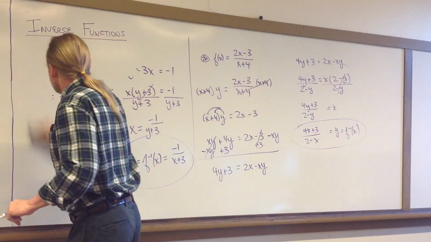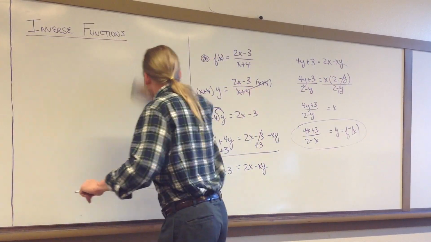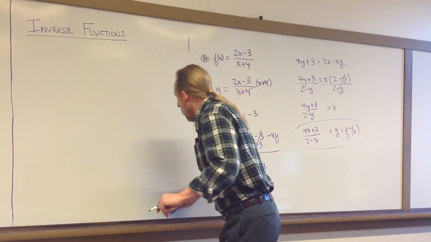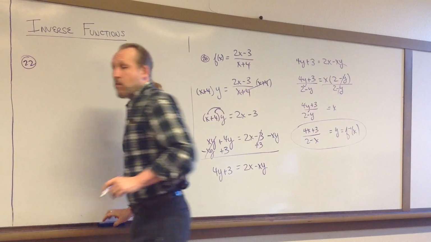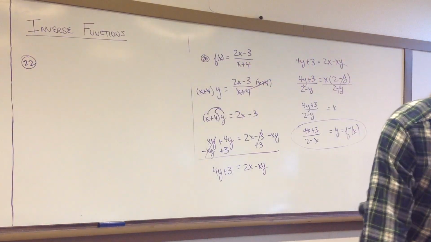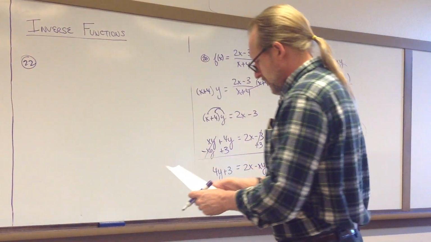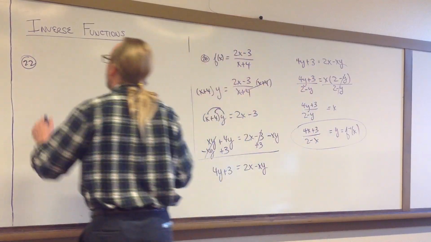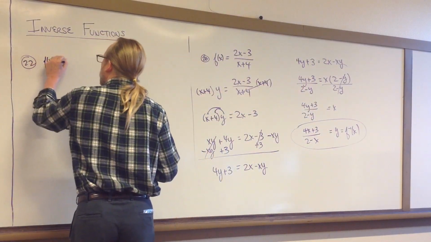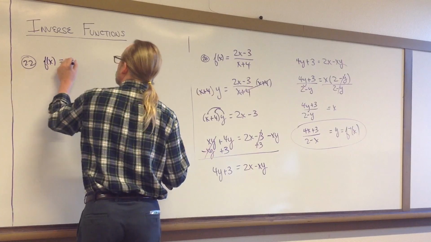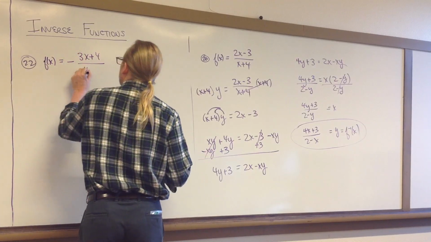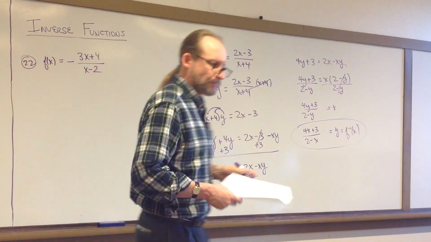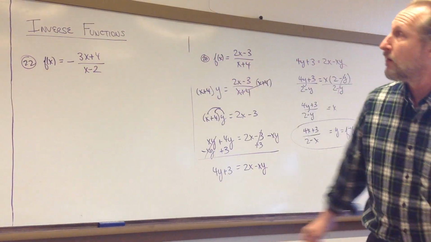Okay, let's look at problem 22. F of x is negative 3x plus 4 over x minus 2. All right.